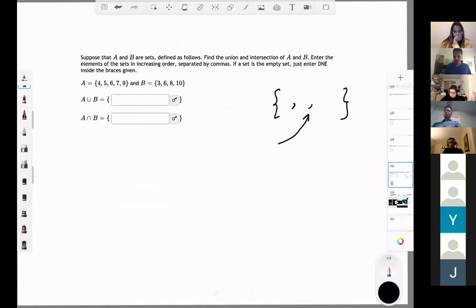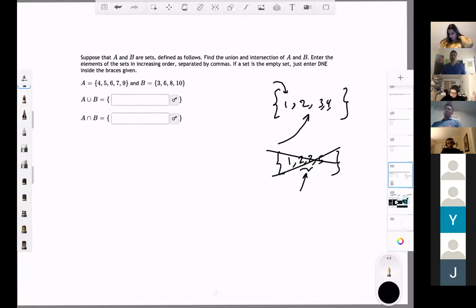And the numbers are in increasing order, like 1, 2, 3, 4, correct? Also, we don't repeat any element inside. I mean, you're not going to see a set like 1, 2, 2, 5. We are repeating 2 here, so this is not allowed in set notation. So we have that information about sets.